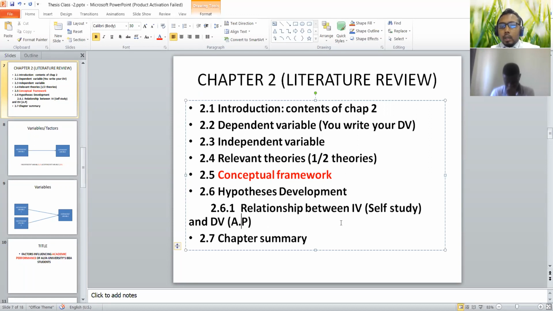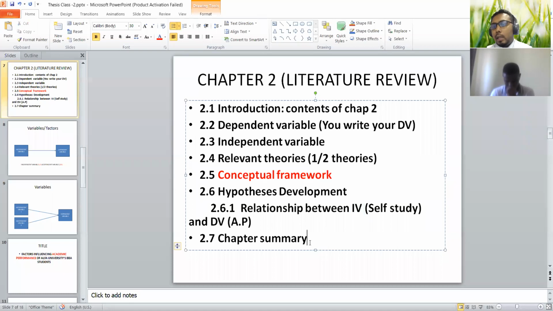So you no need to write down IV and DV like this. I'm giving this as an example. For your study, you write down the relationship between self-study and academic performance. Then you find some information regarding self-study and academic performance. Half a page is okay. If you have multiple IVs, then you write down multiple IV descriptions.